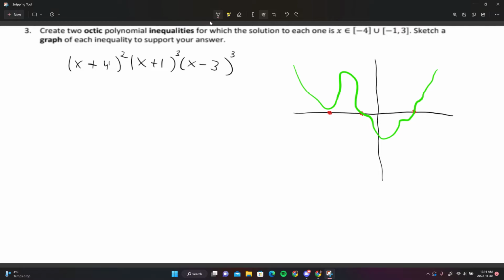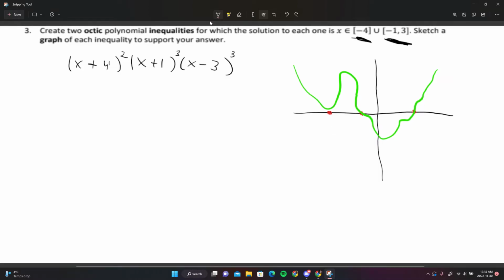But this isn't the entire solution of the question, because we also need to determine whether the function is greater than or less than 0. For this function, at point -4, and between points -1 and 3, we can see that the function is either equal to 0 or less than 0, right?